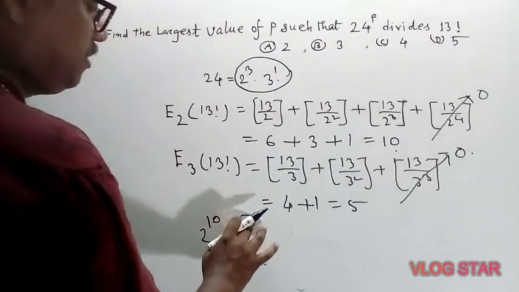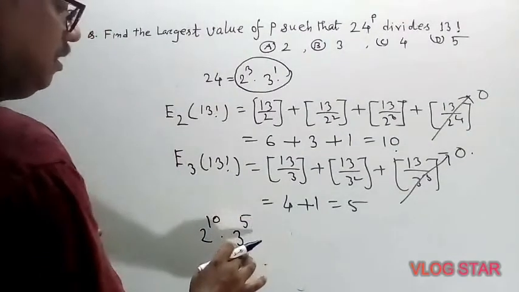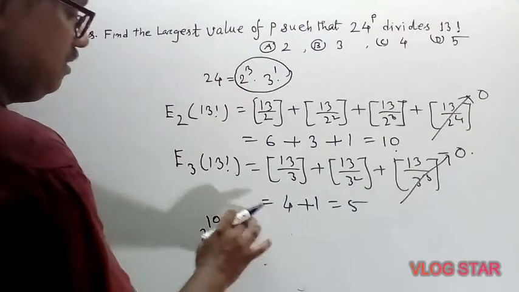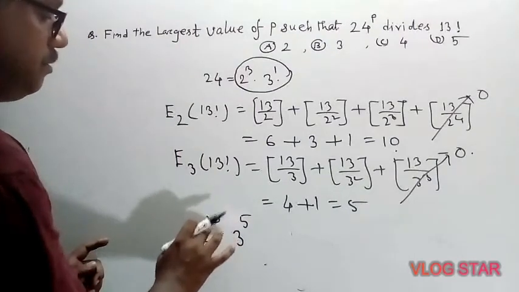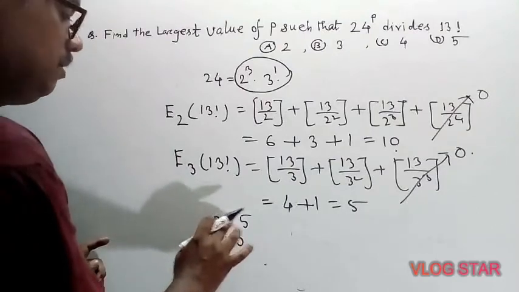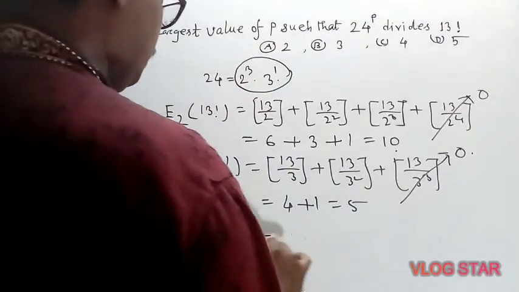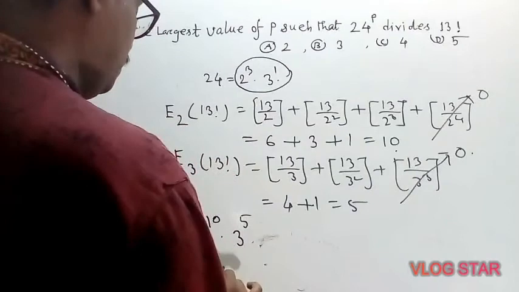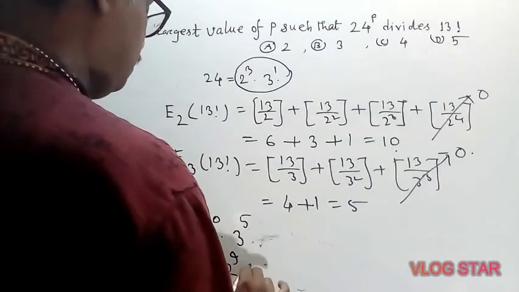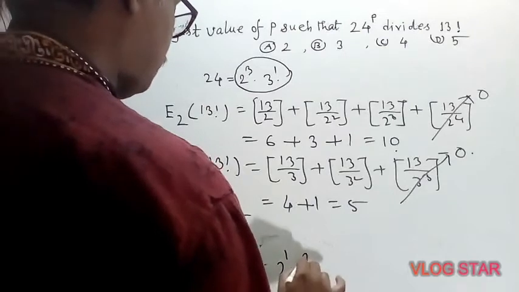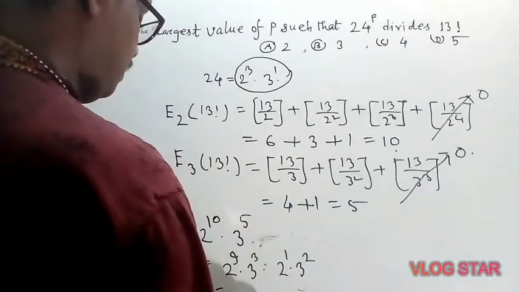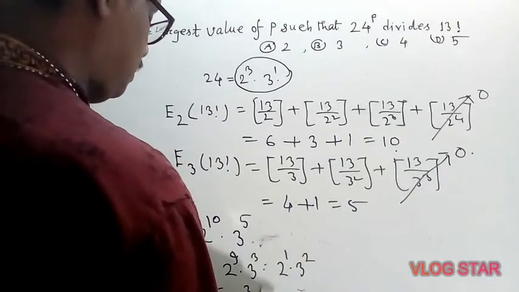So we take three 3s, which need nine 2s, out of ten. Then we take 2 power 9 into 3 power 3, with remaining 2 power 1 into 3 power 2.